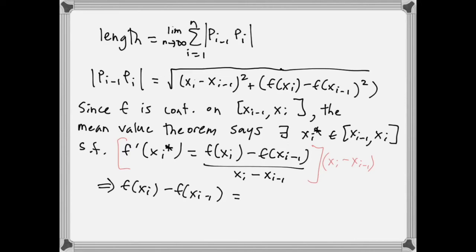And then on the other side, I end up with f prime of x_i star times x_i minus x_{i-1}. So we're going to continue on with this on the next page, okay?